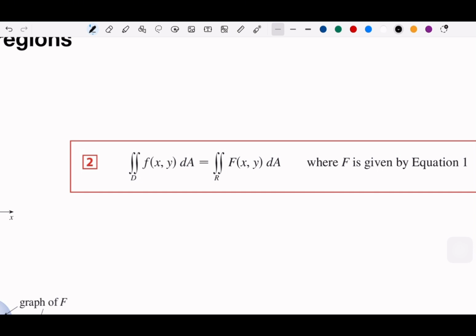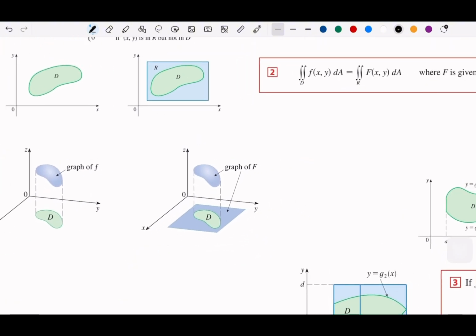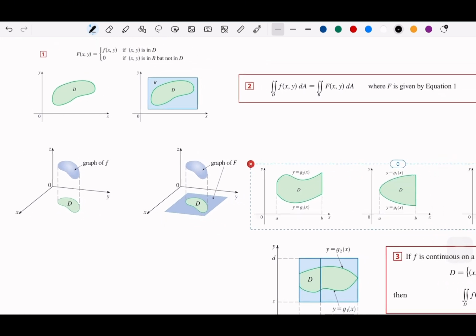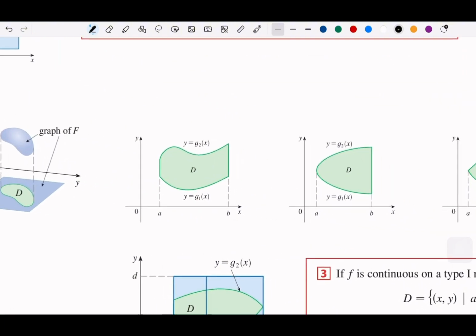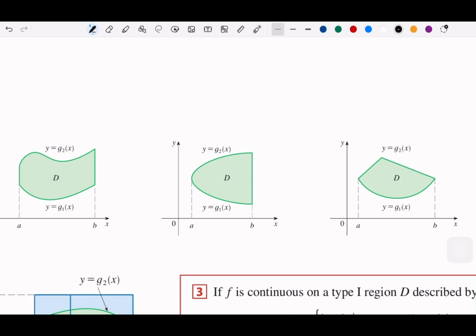We could set the graph of f into restrictions that are easily recognized. For example, suppose that D can be the first, second, or third picture, but we need to introduce another function, g, which is a function in terms of x.